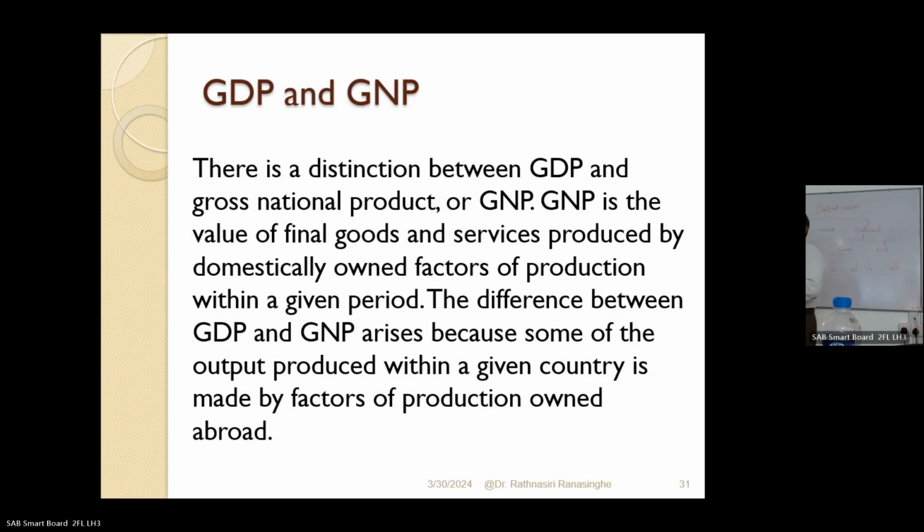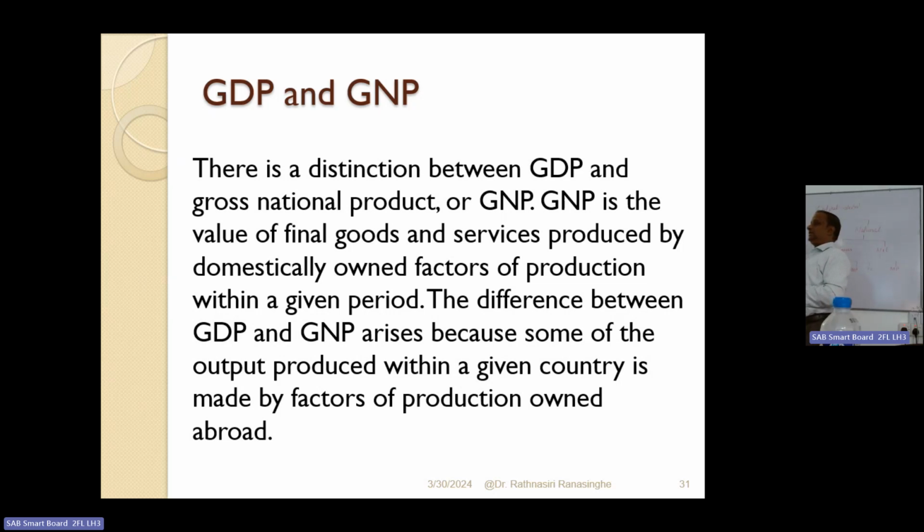If you value the output growth according to the current price or the market price, output growth is very high. But we are not using that to measure economic growth. We need to look at the real physical change in output over the years. So that's why we use constant GDP.